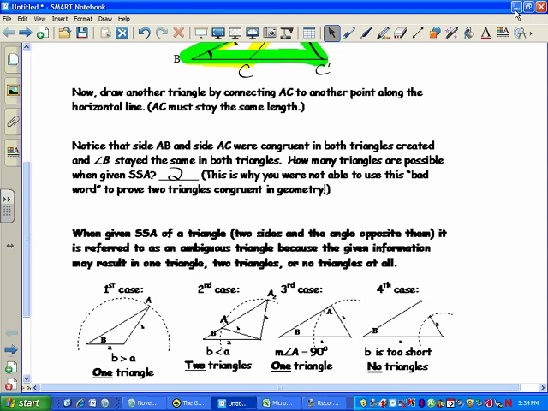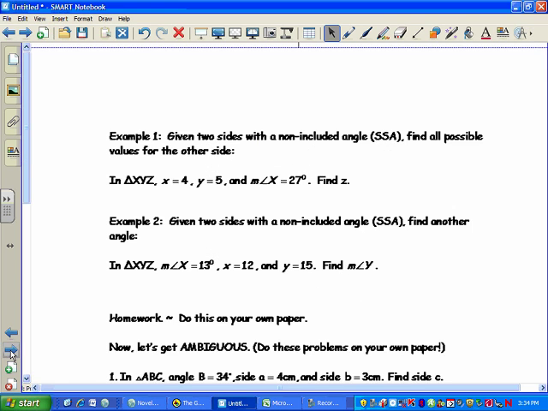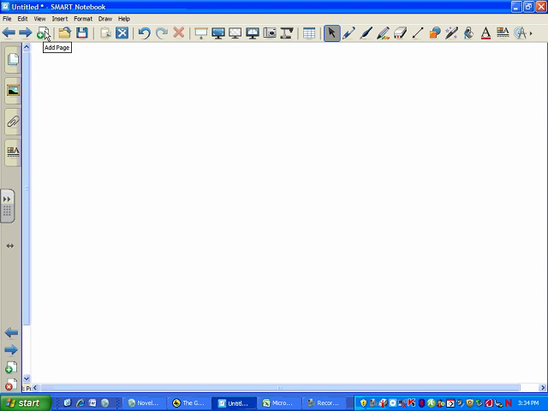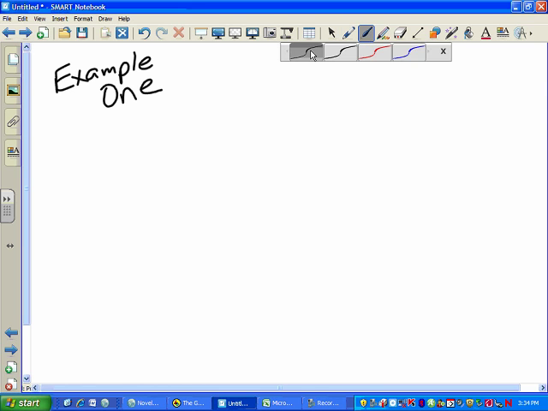Okay, as it is, let's go ahead and do, on the back, example 1. You're going to need to do it in your spiral. This is example 1. Now, this is one of those times where you need to write every single thing I do so that you have a good example for your notes to mimic when you get home.